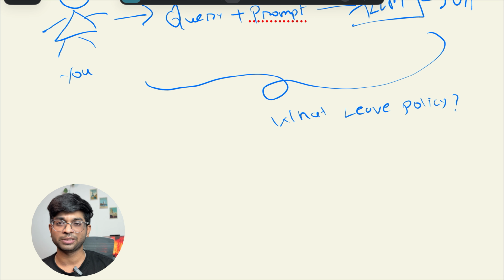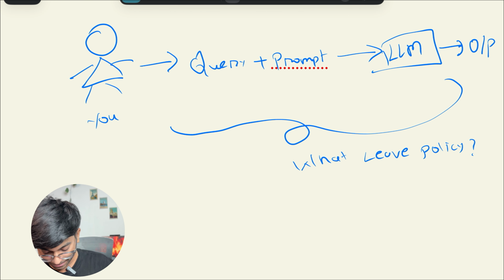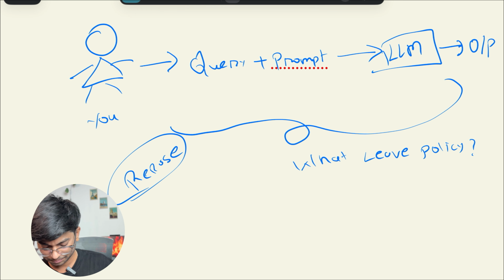It's not correct. It can be 50 days as per your company. It will not say I don't know the answer. It will simply say it searched the internet and from the internet it is giving some 90 days period. But the answer may or may not be correct. So here it will just give a response, but it is not that correct.